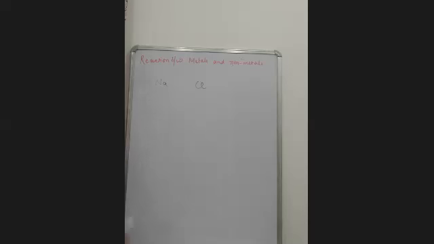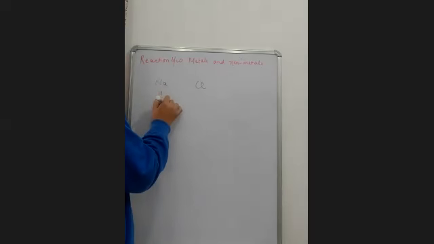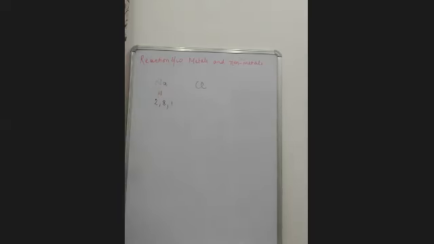Sodium, atomic number 11, configuration 2,8,1. Either it will gain 7 electrons to complete its octet, or lose 1 electron to complete its octet. So the easy task will be to release 1 electron.